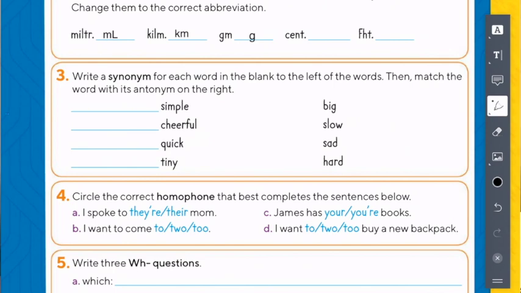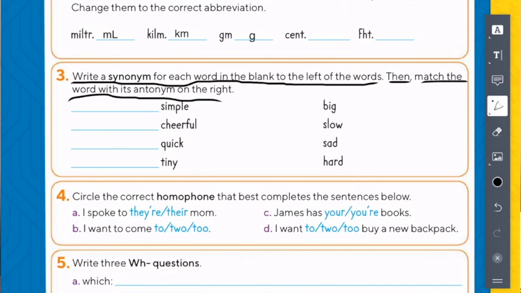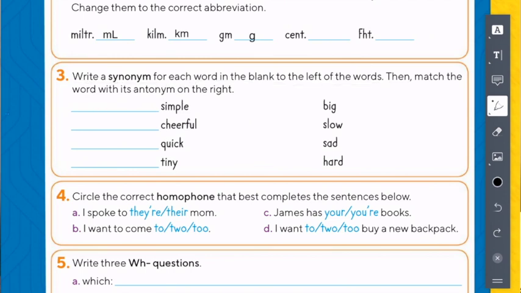You finish? Perfect. Let's continue with number 3. Let's read together. Write a synonym for each word in the blank to the left of the words. Then match the word with its antonym on the right. Okay? So we are going to use synonyms and antonyms.